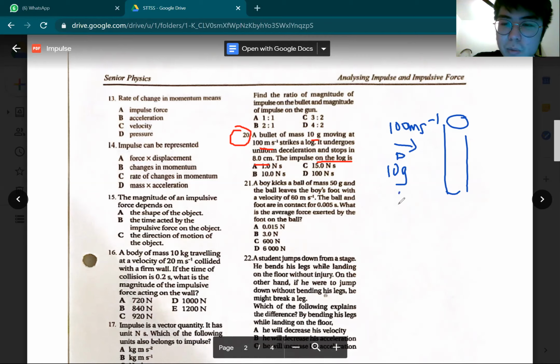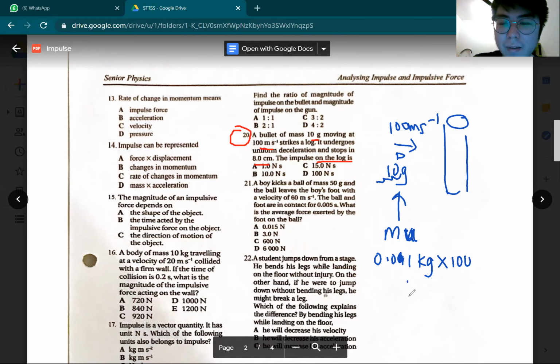Okay, so the initial momentum is, let's calculate the initial momentum, mv. So yeah, mu lah, same lah, mu. So this one is 1, 2, 3, so 0.001 kg times 100.